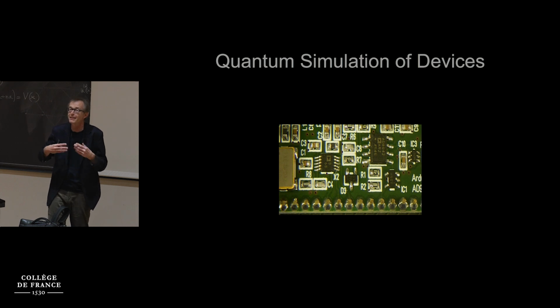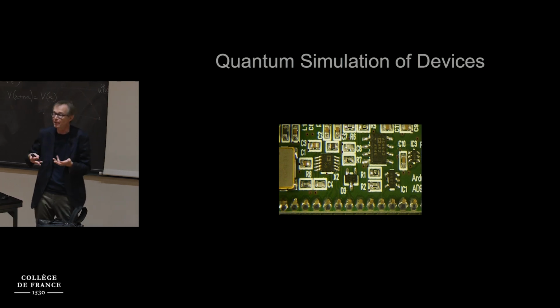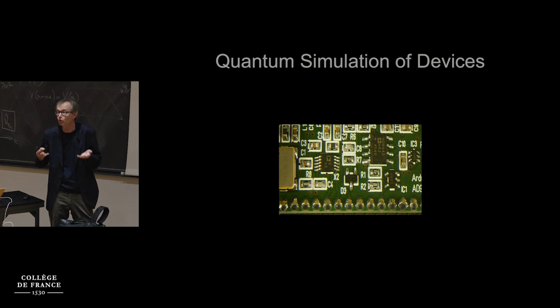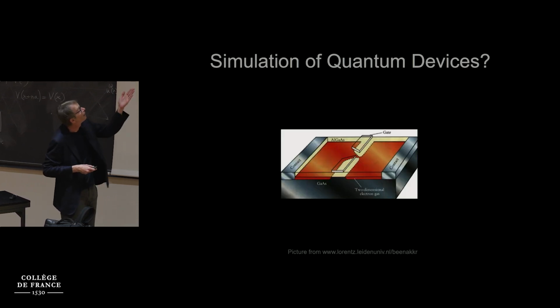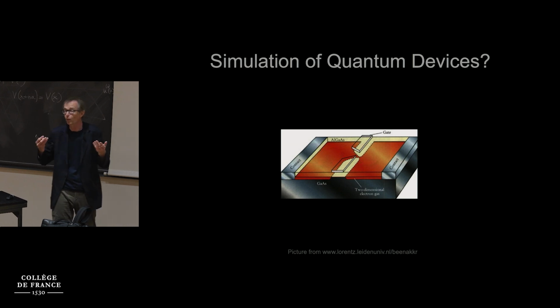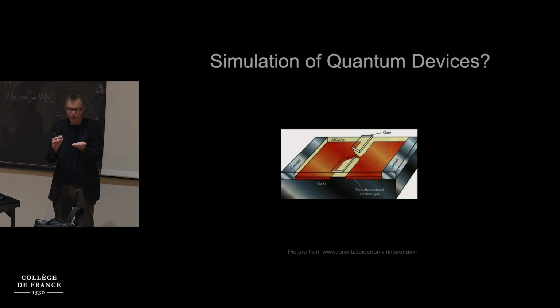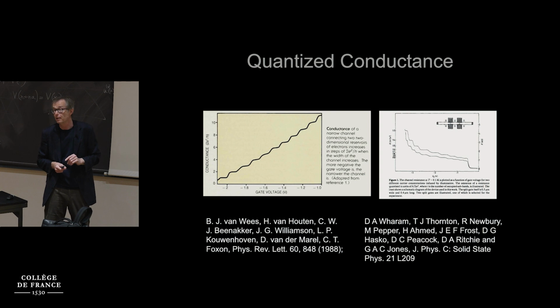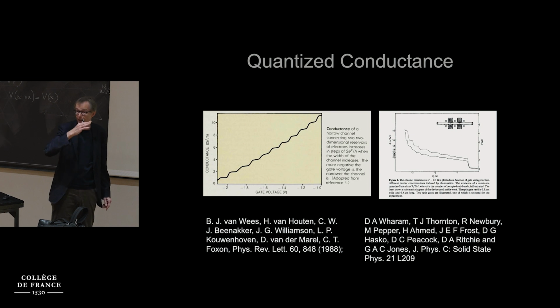What are the most simple devices which are rightly called quantum devices? One example is the quantum point contact, basically where you have two electron gases connected by a single channel, and there you get the result of quantized conductance, and the reason for that lies in the Pauli principle and Heisenberg.